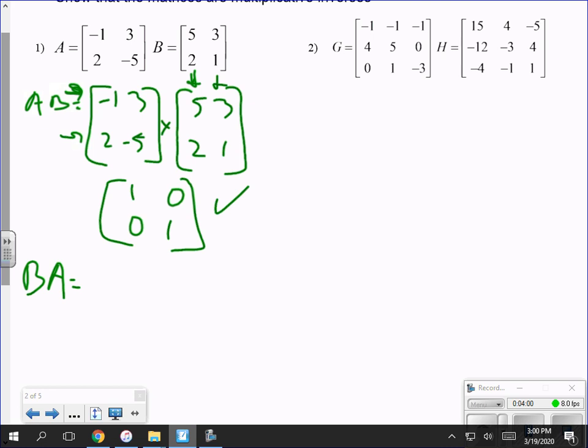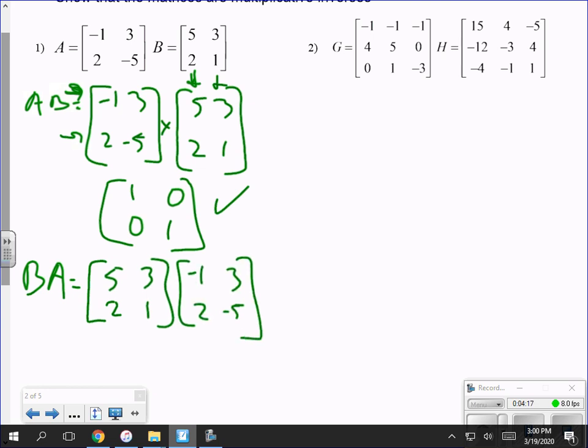So if I do B times A, that's 5, 2, 3, 1 times negative 1, 2, 3, negative 5. And I do this again. So I do 5 times negative 1 and 3 times 2. So 5, negative 1, 6.